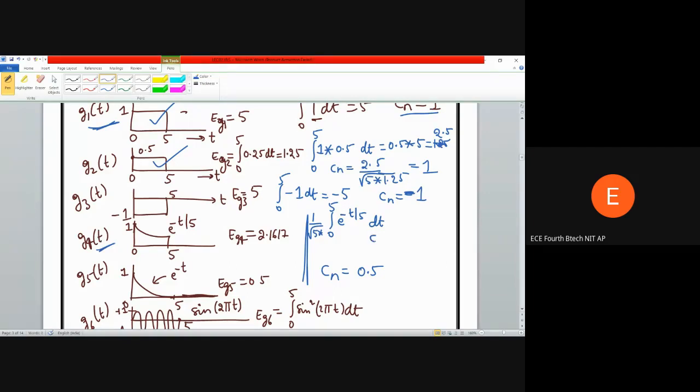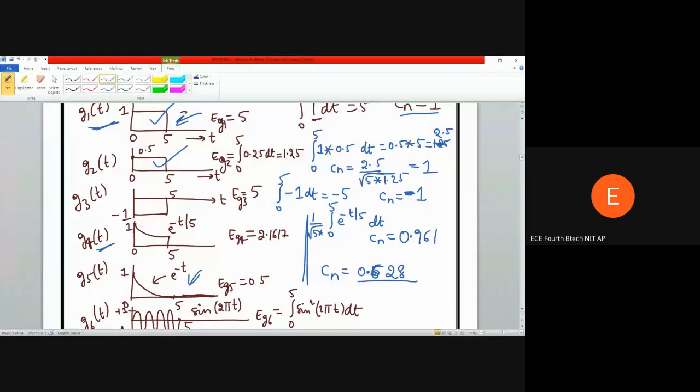If you calculate this integration, you'll get Cn equal to 0.961, whereas for this, it will be 0.628, between this one and this one.